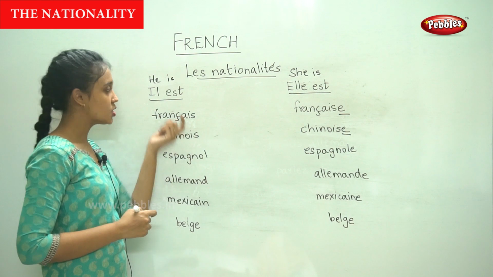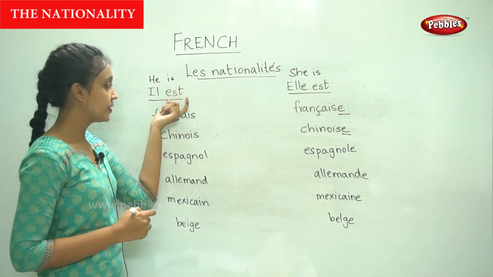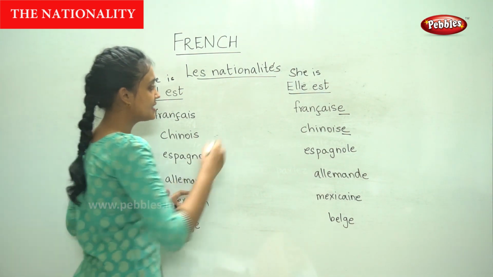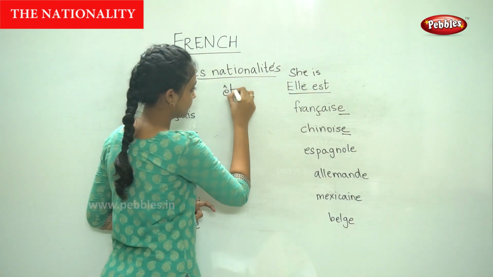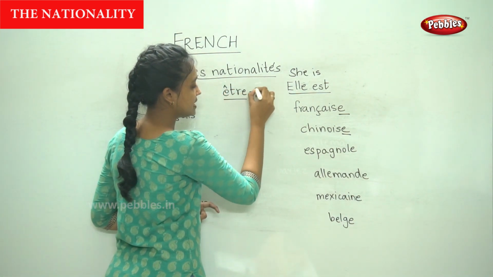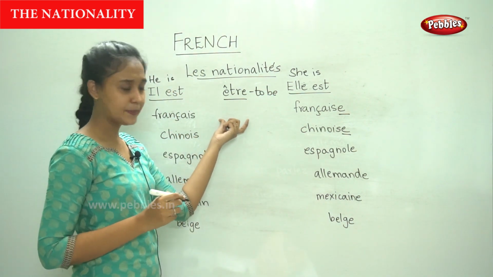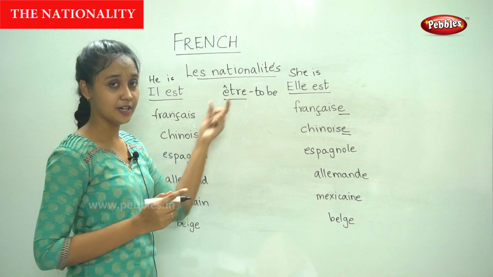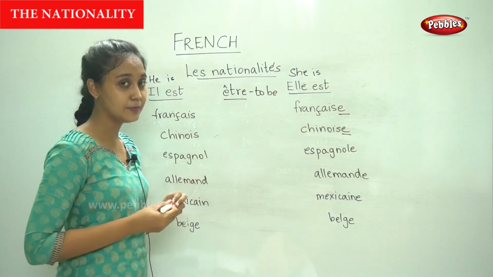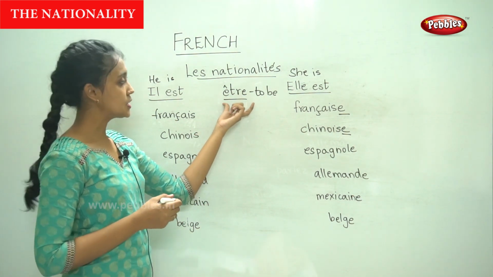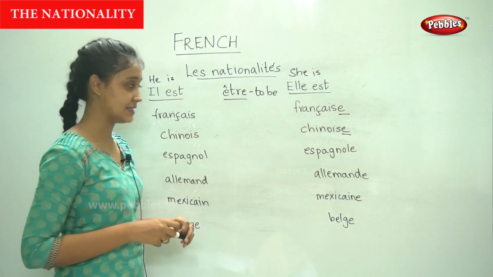We know this. So now moving on to the verb. The verb we use here is être. Être means to be. I hope you remember the conjugation of this verb. We have learnt it in our beginners classes. So this was one of the first verbs we learnt.